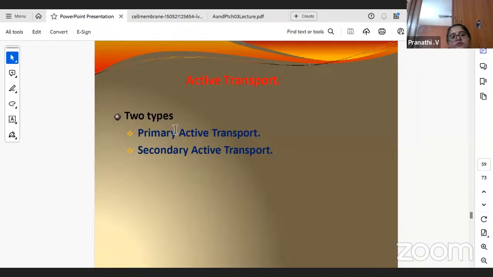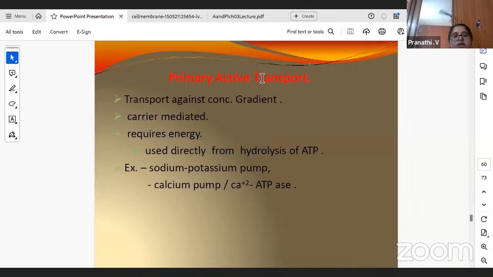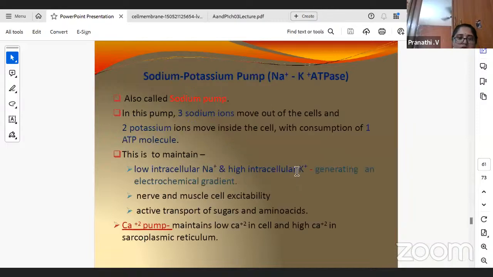Active transport again is of two types, primary and secondary active transport. So you can see hydrolysis of ATP or the sodium potassium pump. All of this comes under the transport systems. So three sodiums move out of the cell, two potassiums move inside, and in all of this, because it is an active transport, there is involvement of an ATP molecule. Energy is required.